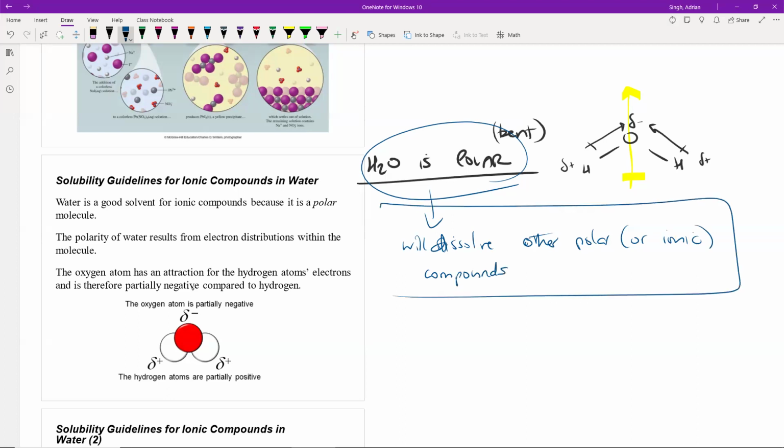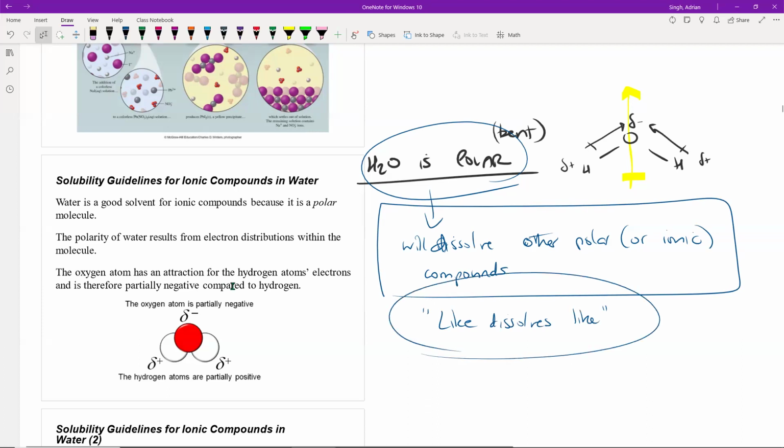Okay. So that simple statement is a reflection of a simple rule in chemistry known as like dissolves like. And we can apply that to lots of different situations, not just in chemistry. If water is a polar solvent, there's a net dipole in it. That's the thing in yellow. It will dissolve other things that have a similar or like polarity.